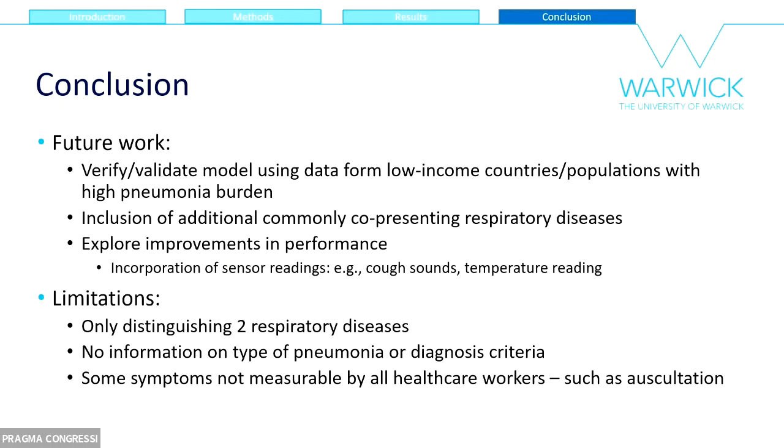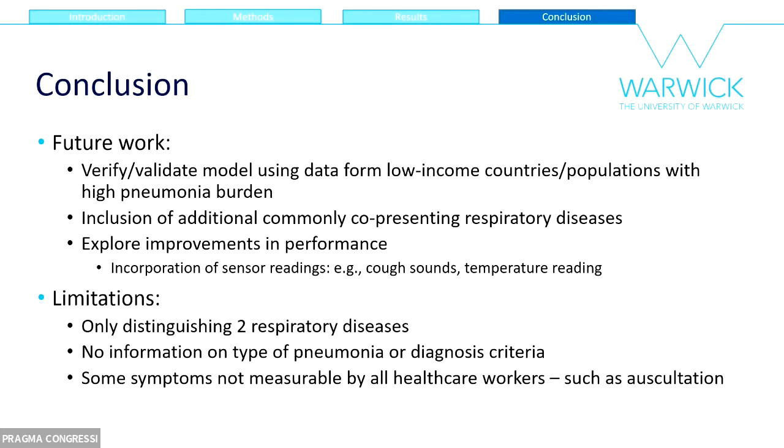So to conclude, it was an early feasibility study just to see if these approaches have potential. And it'd be really important and really good to find out next if this model would still be applicable on data collected elsewhere. Particularly for pneumonia, the environmental conditions can have a big impact on how the disease presents.